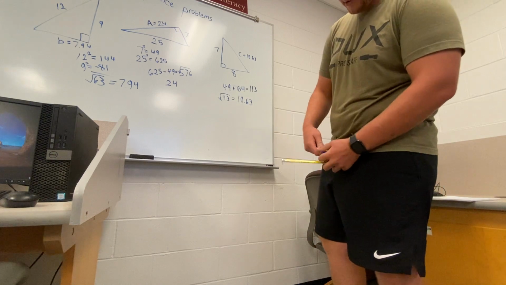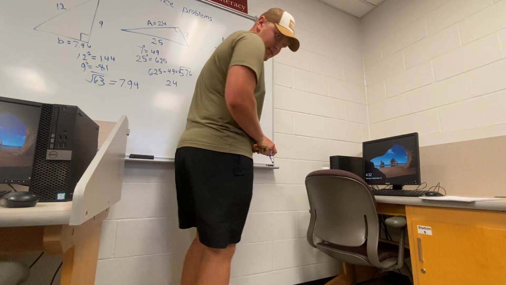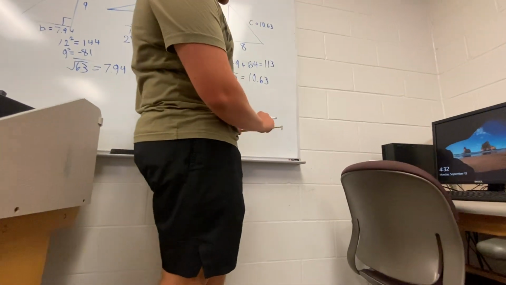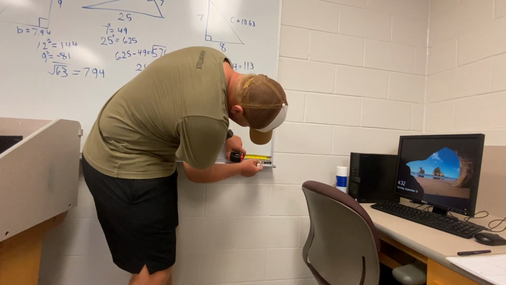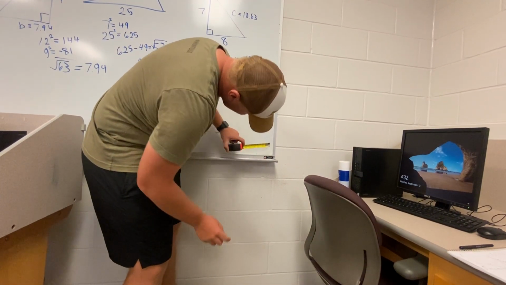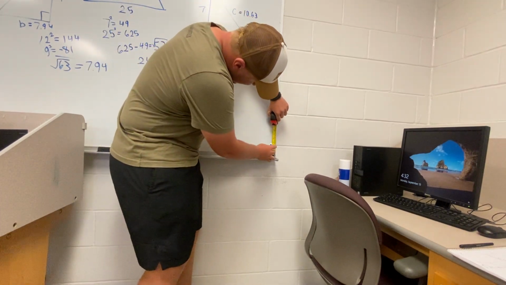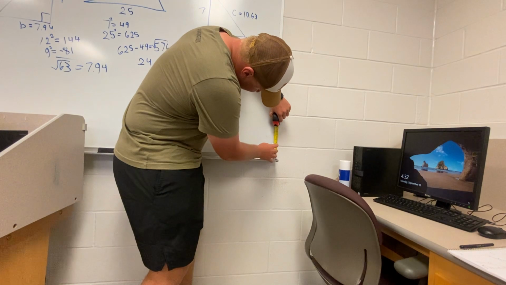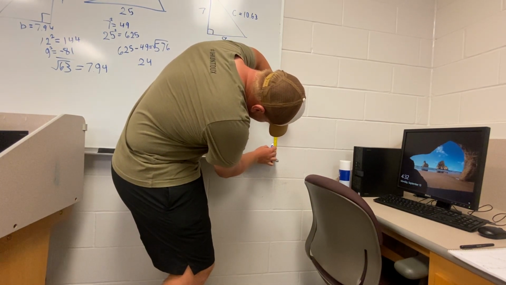So you get out your tape measure and a marker or other things, and you're gonna measure out from the inside here, and we get our 4 inches marked right there. Then we're gonna measure up, and you have your 3 inches right there.